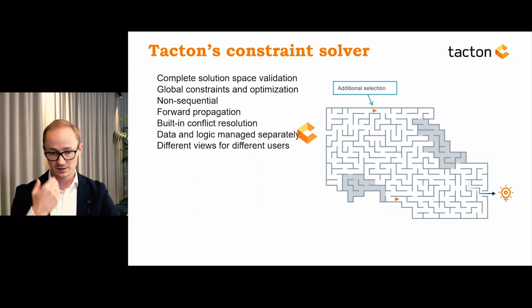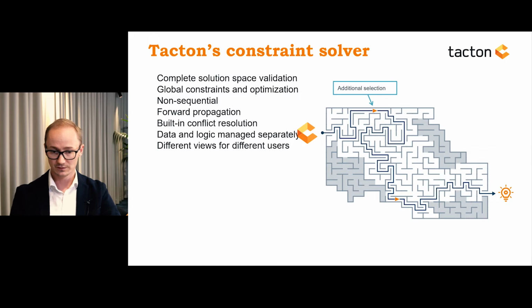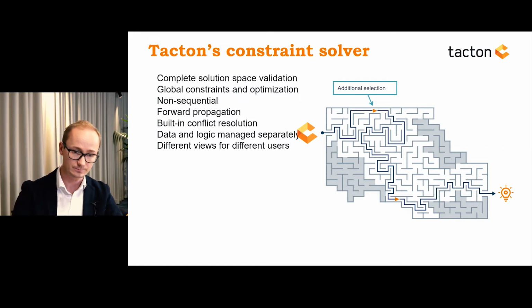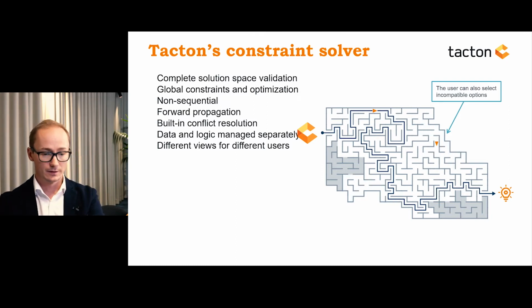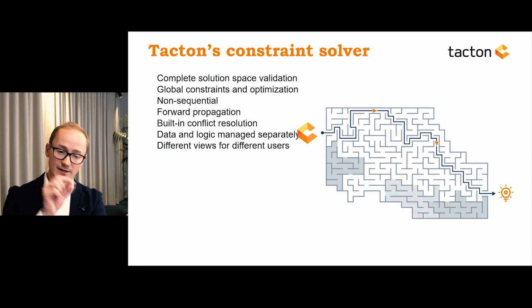And if I do additional selections, I say that I want to drive in the winter, I want to have aluminium rims. That would increase the gray areas. Now I can't select the steel rims anymore. And for instance, selecting a steel rim then would be an incompatible option. The end user can still select a steel rim.